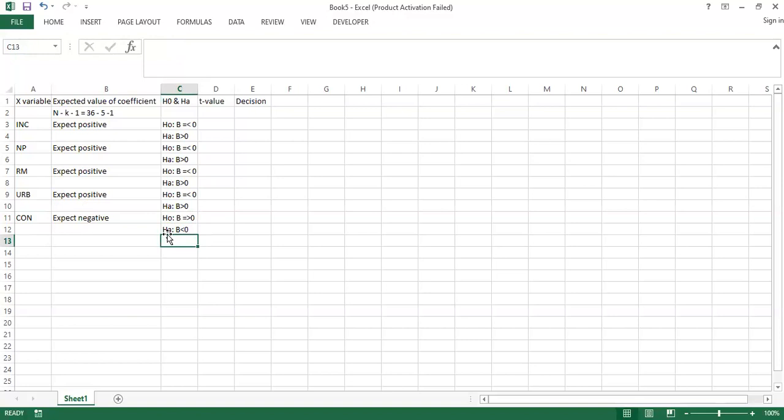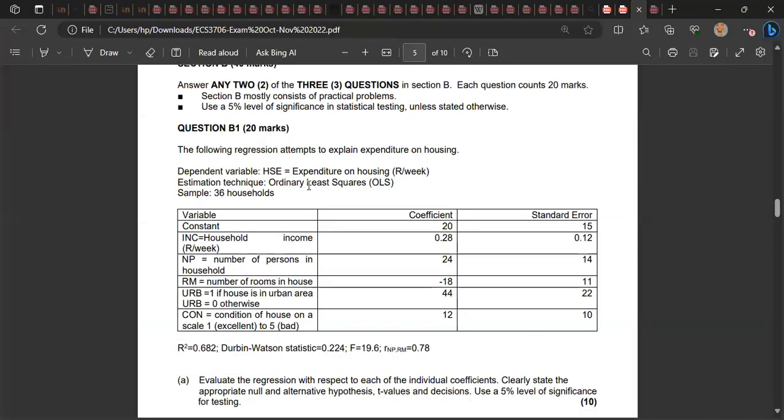Probably the most difficult thing would be coming up with the expected coefficients. I think in the last class, when we spoke about this, we were saying that's why you basically need to have a sound understanding of the subject matter. Like for instance, when we are talking of expenditure on housing, what are we looking at?